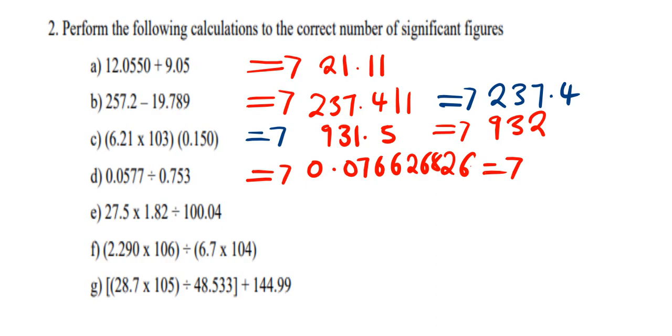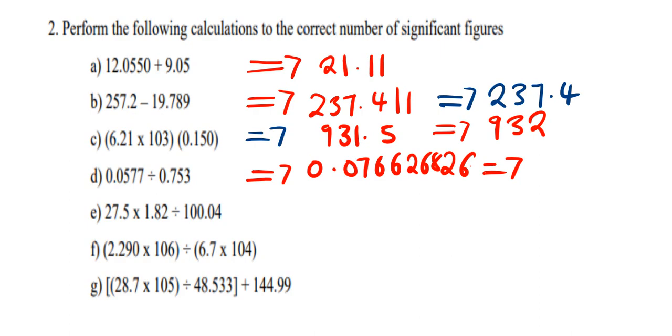So what will be my final answer? Because we are dividing, I'm also going to consider the number of significant figures. How many significant figures does this one have? You're able to see that it has 3 significant figures. How many does the other one have? It also has 3. Therefore, our answer should have 3 significant figures.